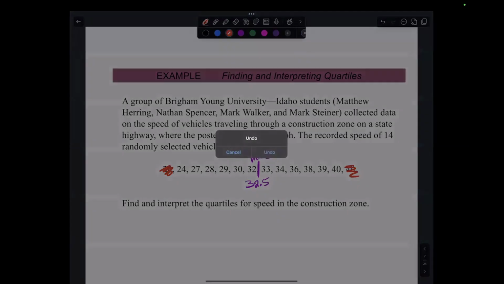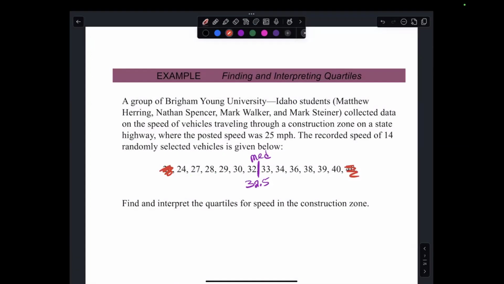So what we have now is an even number below the median. Just like with the median, my Q1 would be 28.5, and then my Q3 would be 37.